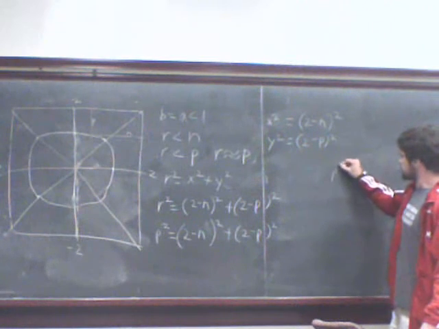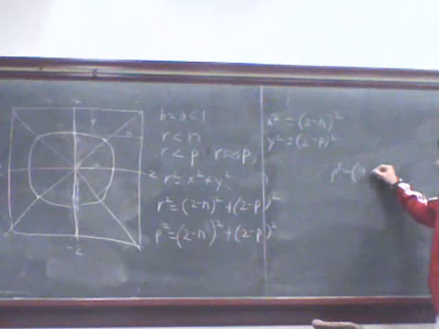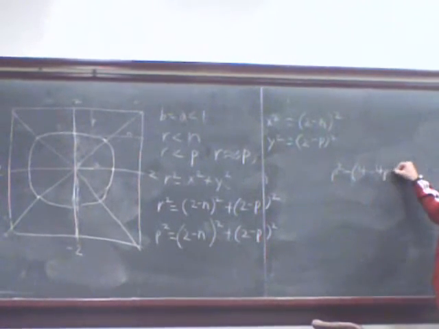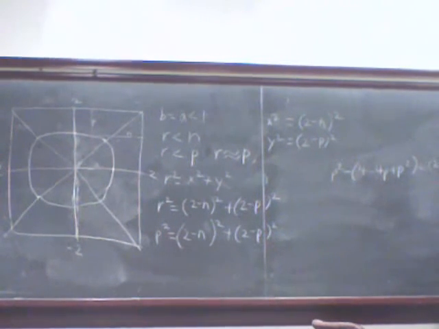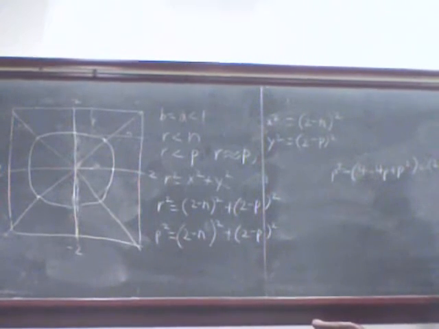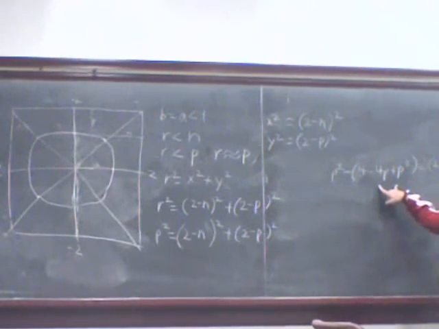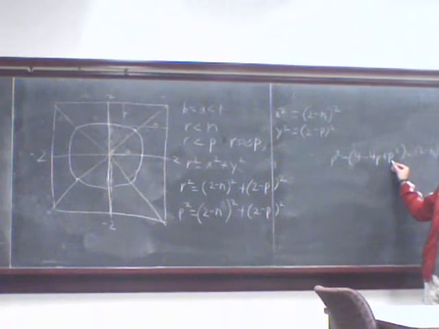So you get p squared minus 4 minus 4p plus p squared equals 2 minus n squared. All right? Everybody good on that so far? So then, something that you can do is, as you can see, these cancel out because the negative sign carries over.